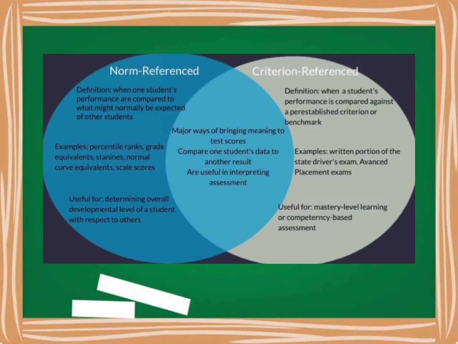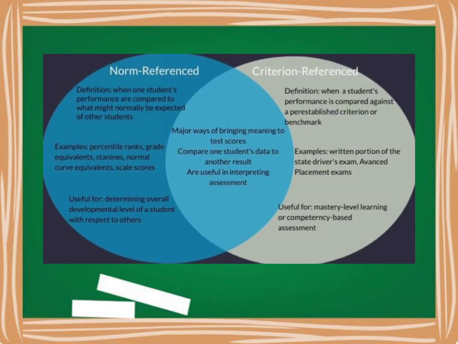Our examples for norm reference are percentile ranks, grade equivalents, stanines, normal curve equivalents, and scale scores. And our examples for criterion reference are written portions of the state driver's exam and advanced placement exams.